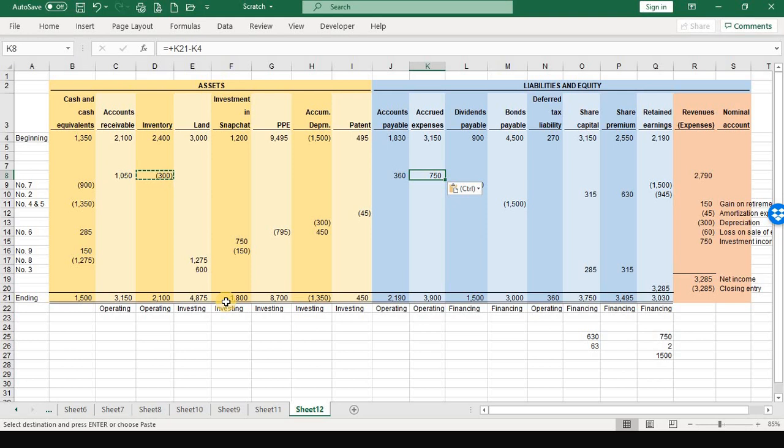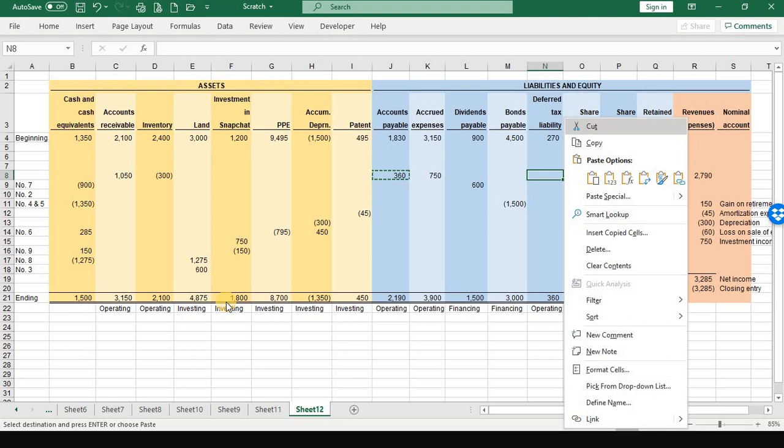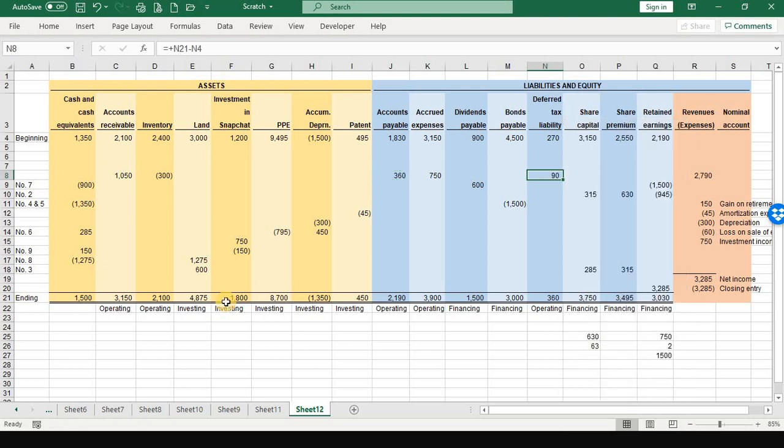Then last is the deferred tax liability. So the deferred tax liability has an ending balance of 360 and beginning balance of 270. So the deferred tax liability has an increase of 90 pesos.